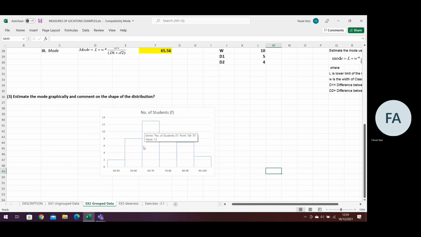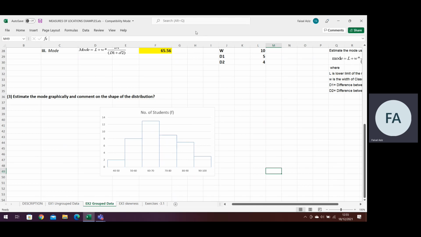So I will draw a line from the top left of the highest bar to the top right of the bar on its left side, and the top right of the highest bar I will join to the top right of the bar on its right side, and then at the point of intersection I will draw a vertical line to get the mode.